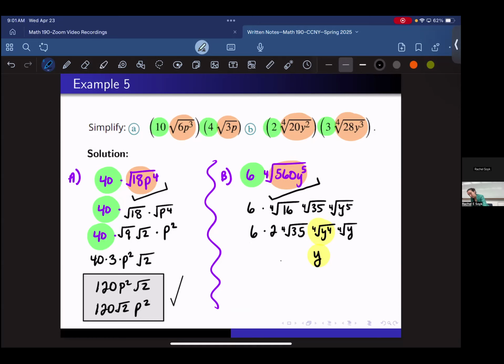And then 6 times 2 is 12. Trying to keep everything color-coded so you could see what's going on. So our final result is 12 times the quartic root of 35 times y times the quartic root of y. And we're done. This is in fully simplified form.